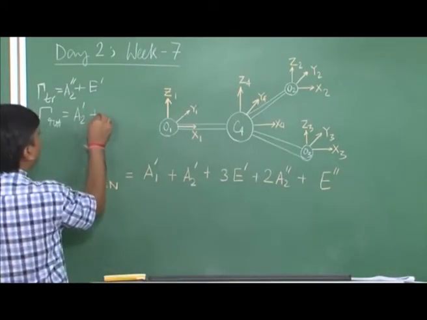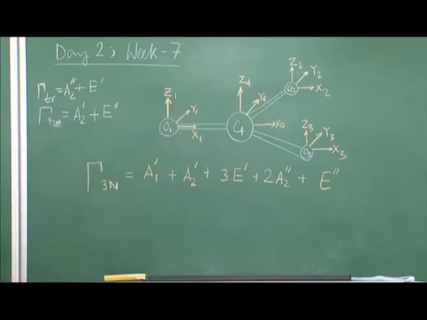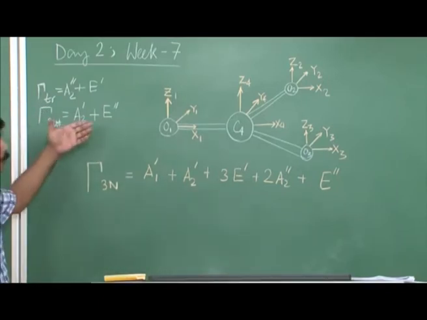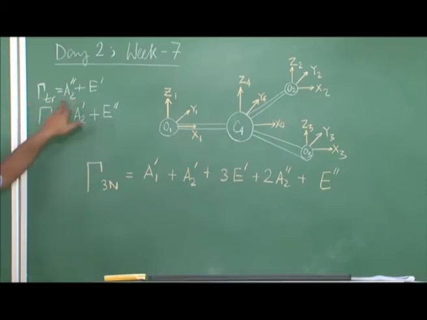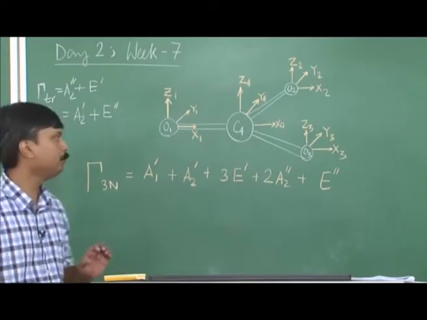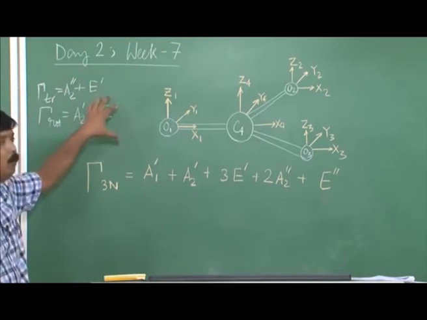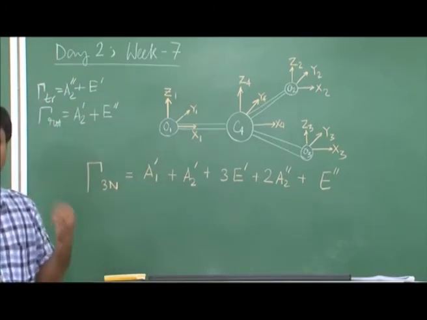So how many rotational degrees of freedom are there? 3. How many translational degrees of freedom are there? 3. So if you check here, you have a total dimension of 3 and here also 3. That again tells you that everything is in order. So I have found out the irreducible representations which correspond to translational and rotational motion.